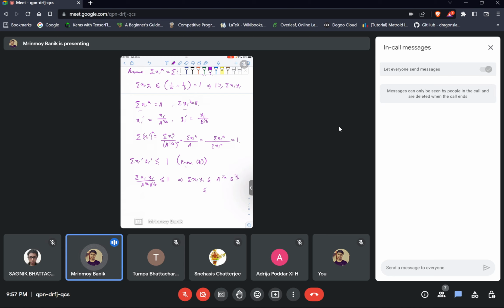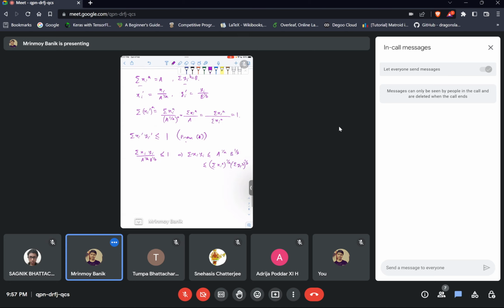Substituting the values of A and B, it's the sum of xi power a, whole power 1 by a, times the sum of yi power b, whole power 1 by b. And we are done.